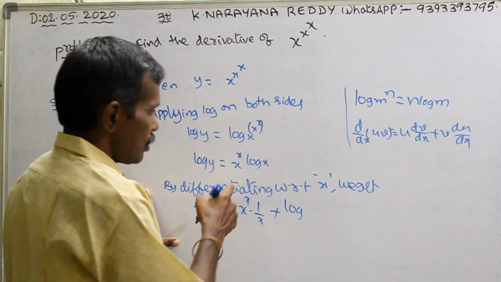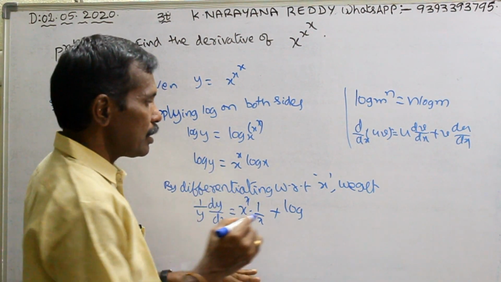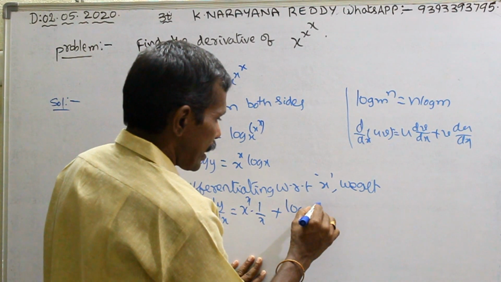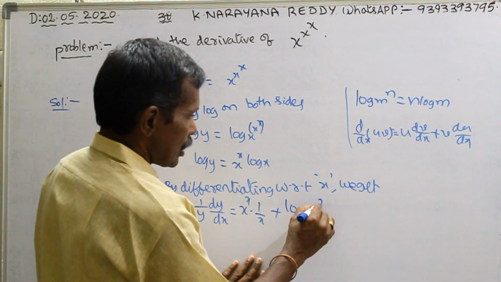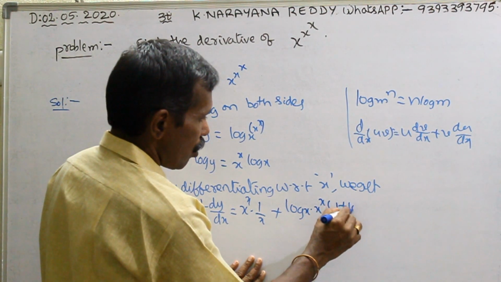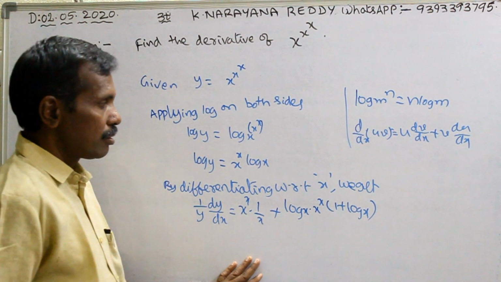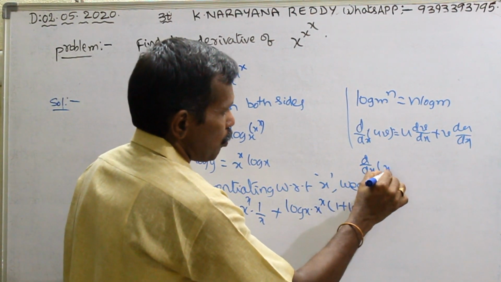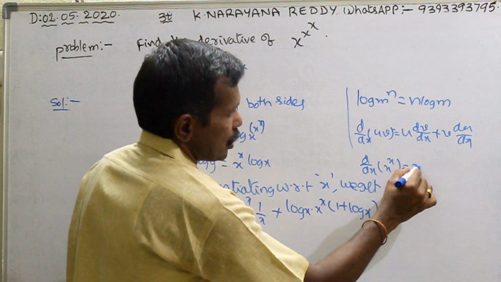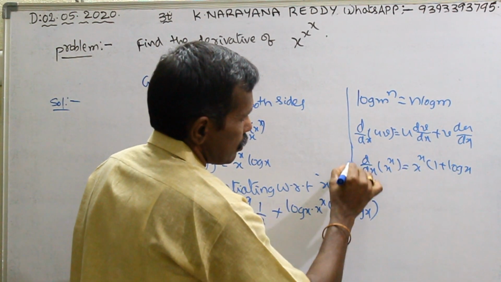What is this? x to the power of x, d by dx of x to the power of x is nothing but x to the power of x into 1 plus log x. Okay, why? Because d by dx of x to the power of x equals x to the power of x into 1 plus log x.